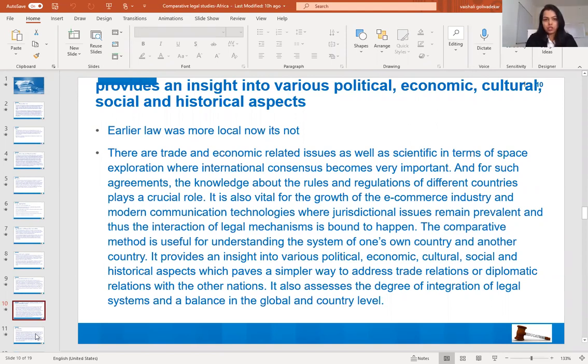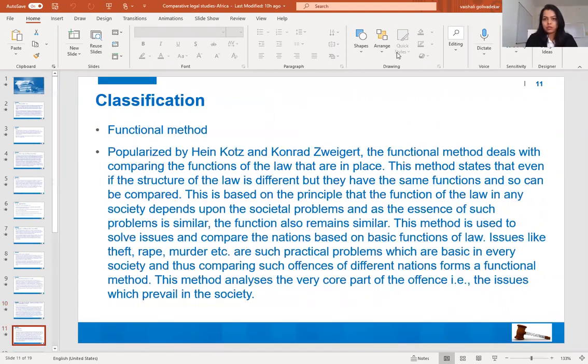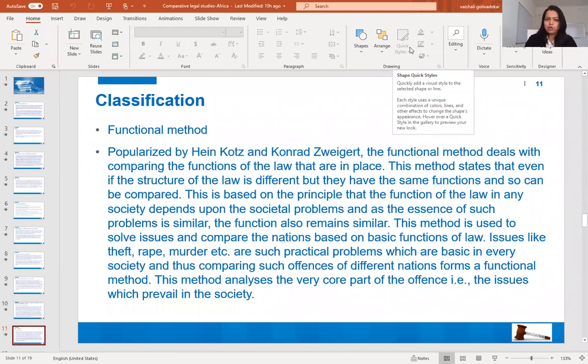Okay, so just try to focus on the screen. So there are the methods. I'm just being very quick now. So first is the functional method. The functional method deals with comparing the functions of the law that are in place. This method states that even if the structure of the law is different, but they have the same function, they can be compared, right?